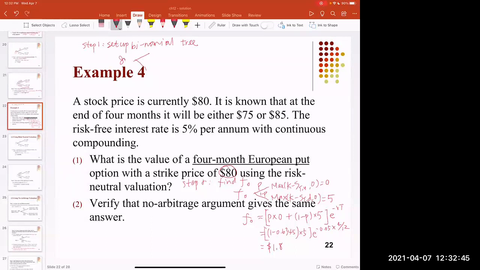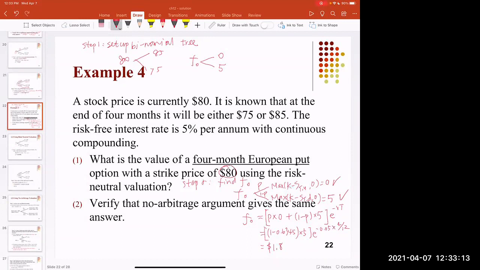Stock price today is 80, and the stock price going up is 85 or 75. And the option today's price is F0, and when the stock price goes up it is 0, when the stock price goes down it is 5. That's what we did in the first question, so we can quickly figure it out.